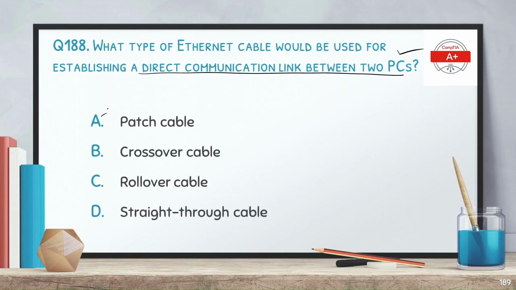The options are A, patch cable, B, crossover cable, C, rollover cable, and D, straight through cable. The correct option is the crossover cable, while the straight through cable is used for connection between a PC and a network device such as a switch or a firewall or an access point, etc.